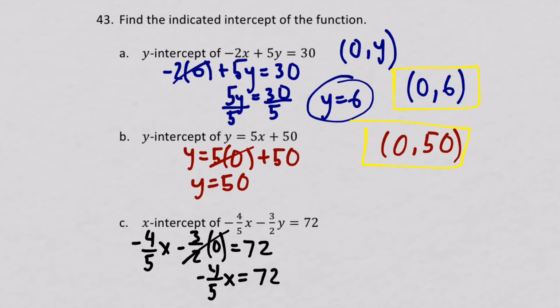Okay, so let's recall how to solve equations. When you have a fraction in front of the x, the fastest way to get rid of it is to multiply by the reciprocal of that fraction. So what I'm going to do is multiply both sides by the reciprocal of negative 4 over 5, which is negative 5 over 4.